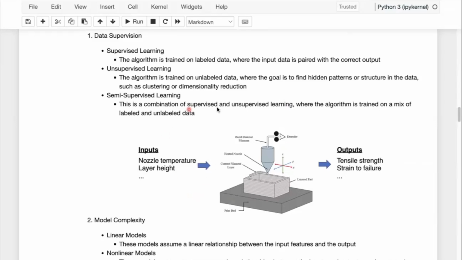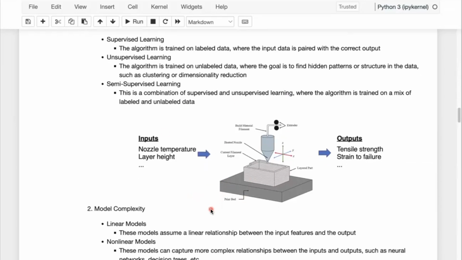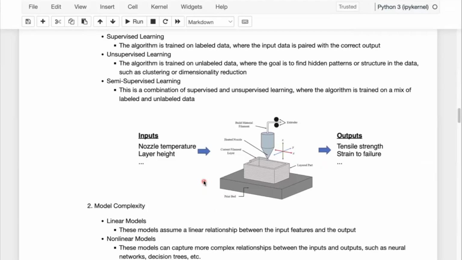This is a 3D printing problem, one of the projects I work on. And you can see that in this case, if you want to collect both inputs and outputs, meaning that you have to run these experiments, you have to use a printer, materials, labor costs, etc. So usually you're limited in terms of how many input-output pairs you have.